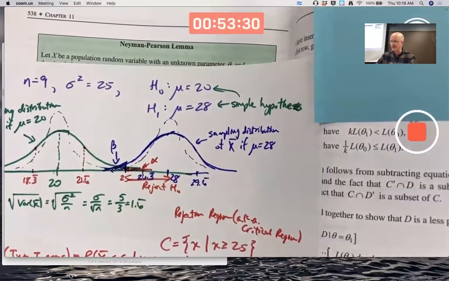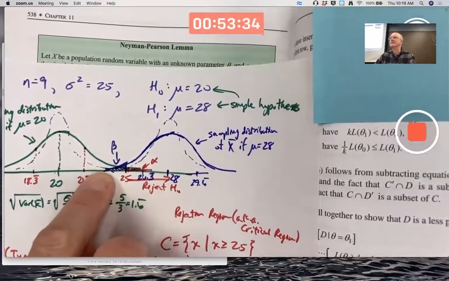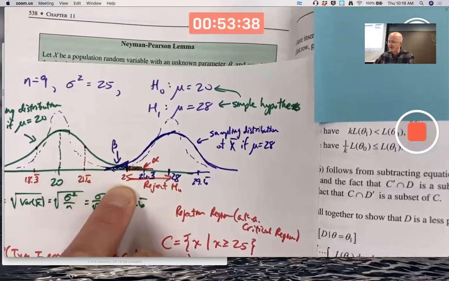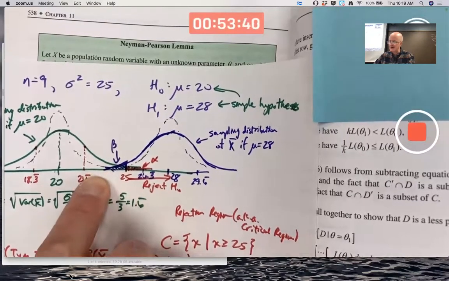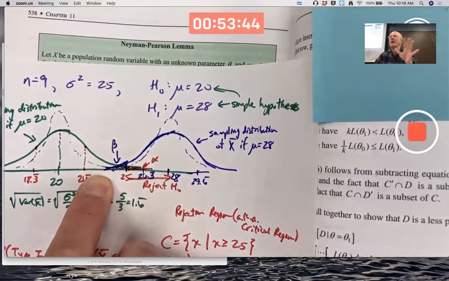Or maybe something weird like, oh, to the right of some number plus some other interval in here. Reject if X bar is bigger than 25 or between, say, 22 and 23. Doing weird things like that produces worse results, is the point.